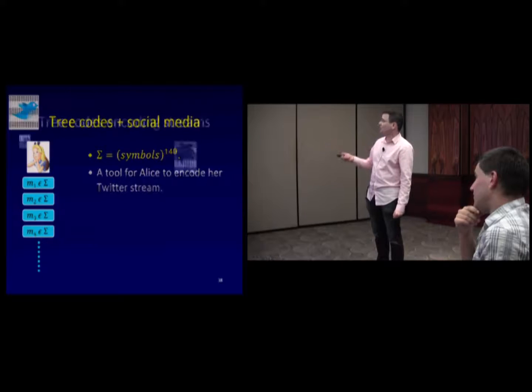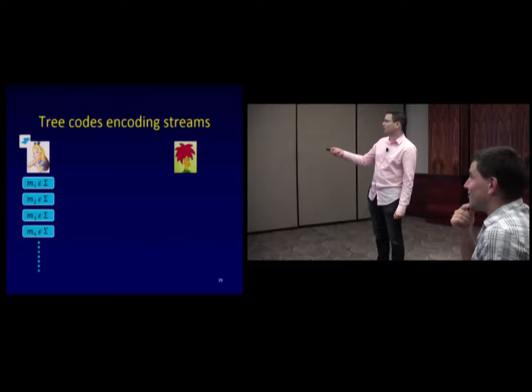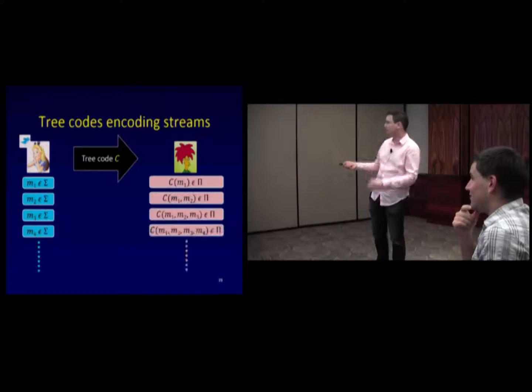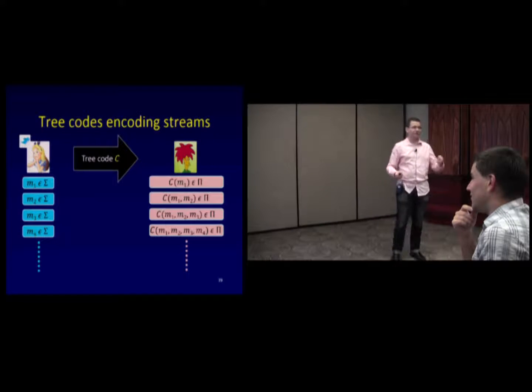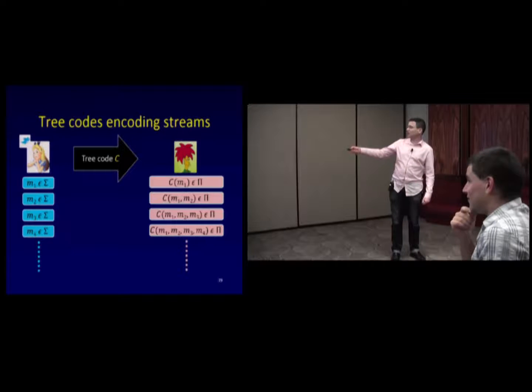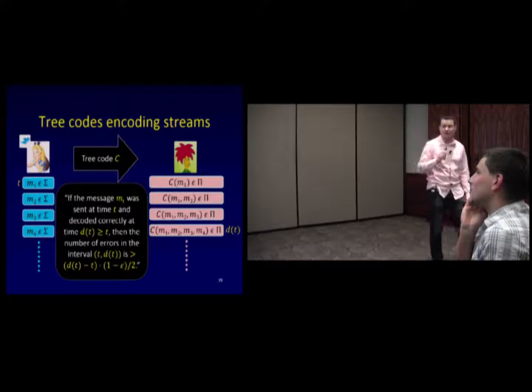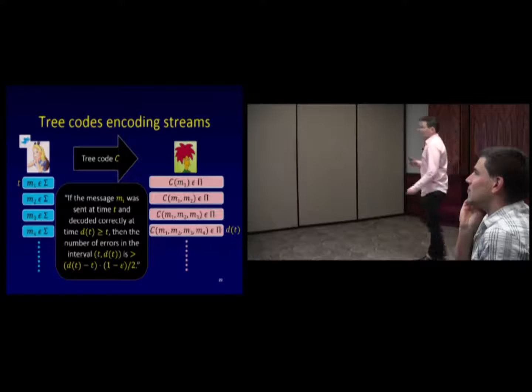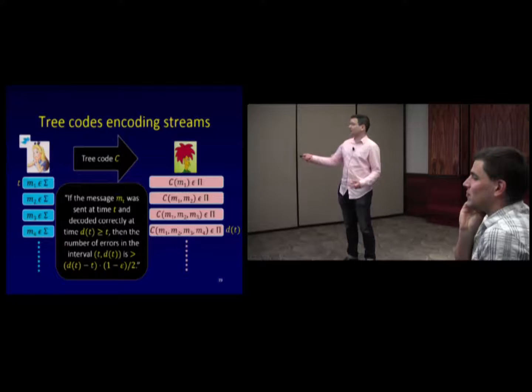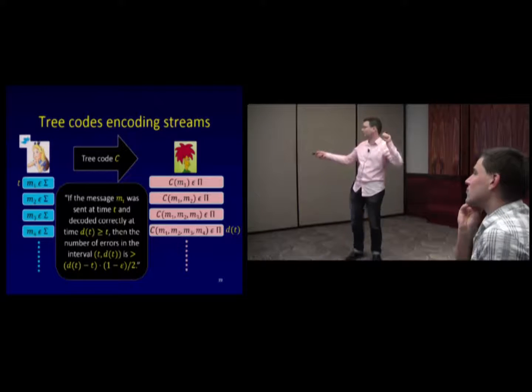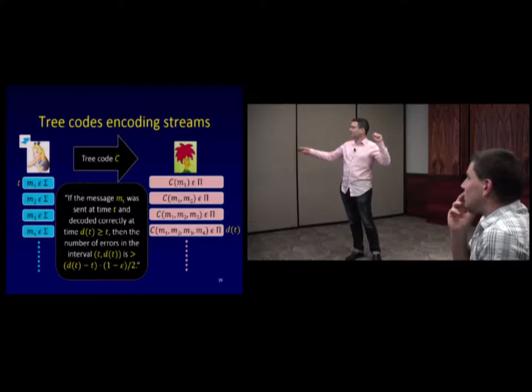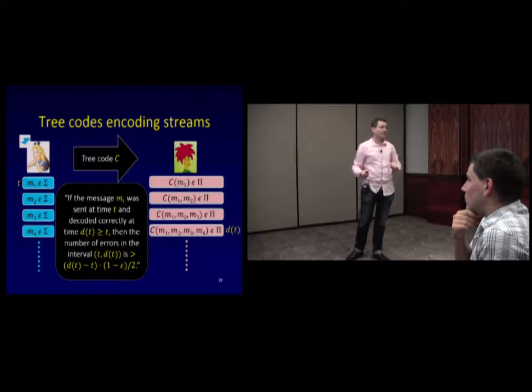And the tree codes, basically, what you do with the tree code, you take your stream from before, and you encode each symbol using a tree code. So these will be the messages, and Bob receives those messages encoded in the tree code. And the key property is that if Alice sends a message T here on her tree code, and the first time Bob decodes it correctly is here, then between this time and this time, the error rate is almost half.